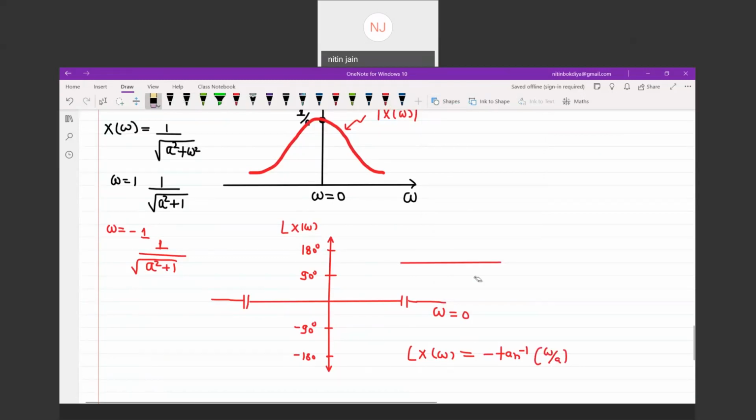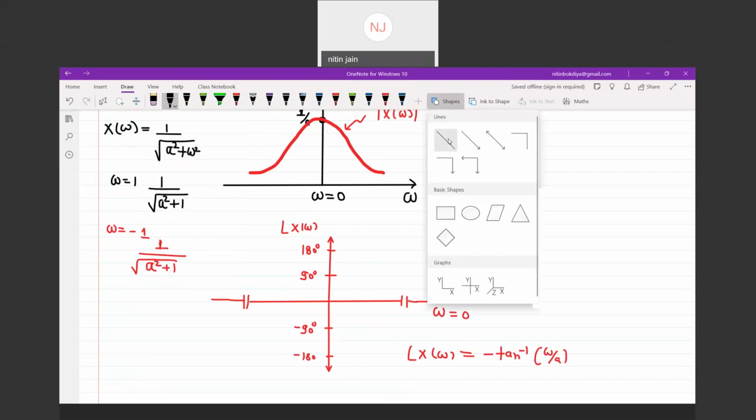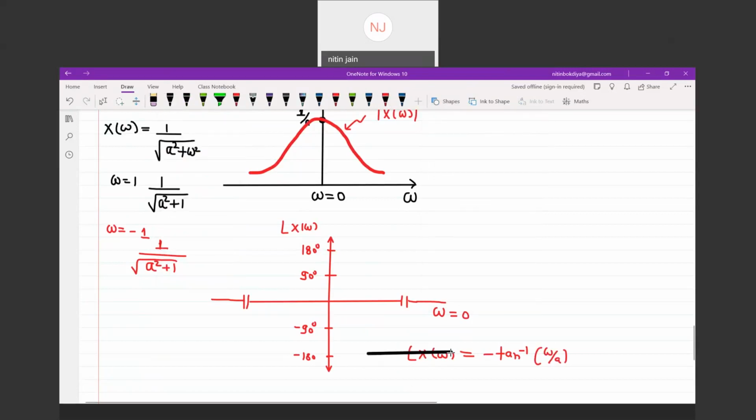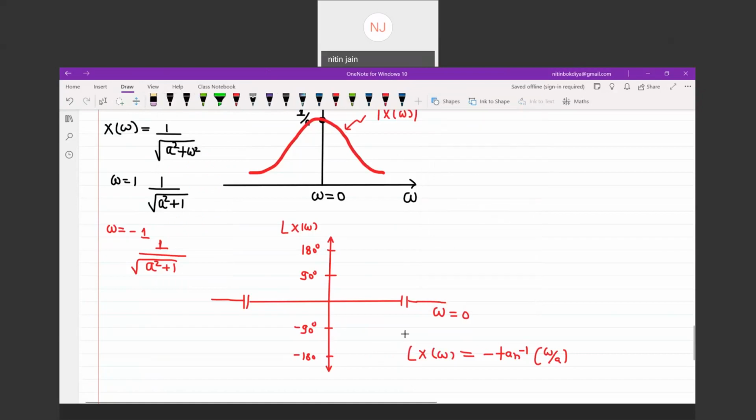This is minus infinity. It's -90°. Okay.